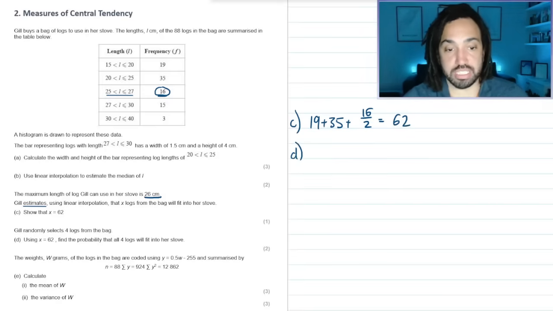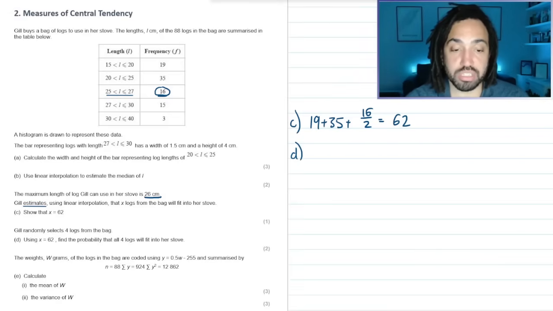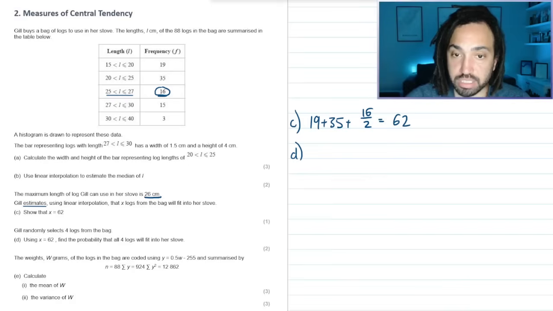Okay, part D, it says that Jill randomly selects 4 logs from the bag. Using X is equal to 62, find the probability that all 4 logs will fit into her stove. Okay, so that means that there are 62 out of 88.